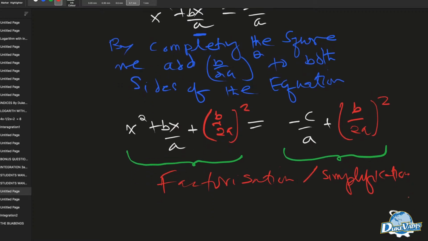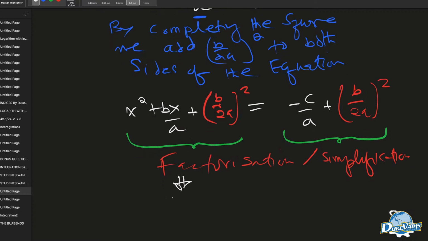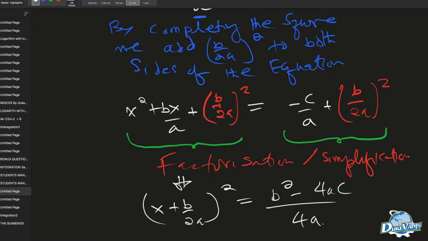All right, so since we have our equation x squared plus bx over a plus b over 2a squared equals negative c over a plus b over 2a squared, when we put this in composite form, this will be x plus b over 2a all squared, which equals b squared minus 4ac over 4a squared.